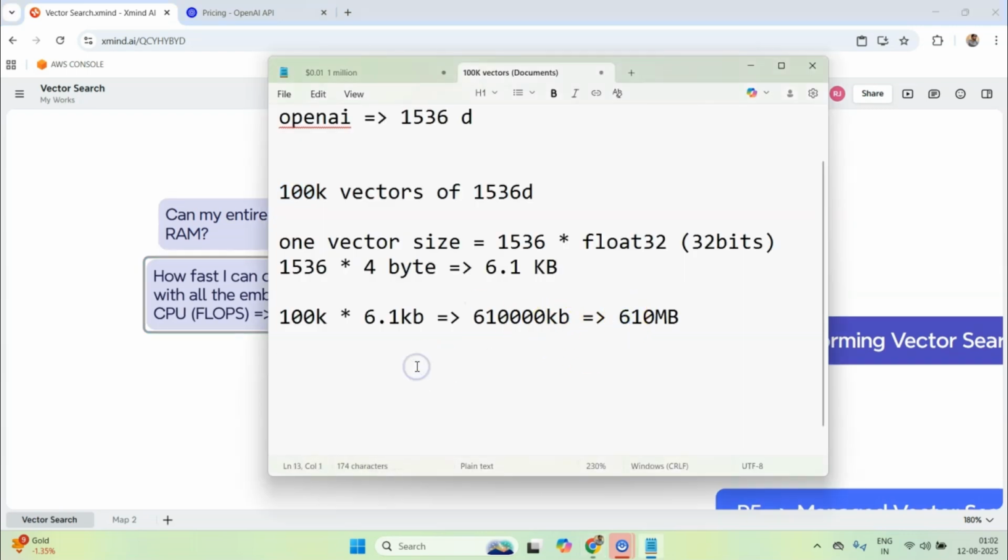So what will happen in a production setting? I will have a query vector of size 1536 dimensions, right? Now I need to compare this query vector with all the 100k vectors. The approach that I have just described is known as the nearest neighbor approach, or an exhaustive search.